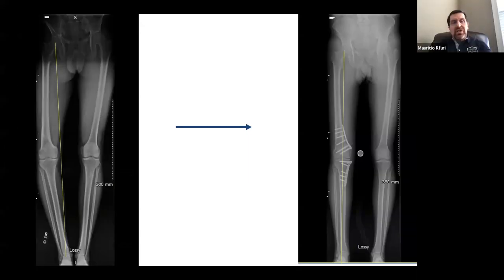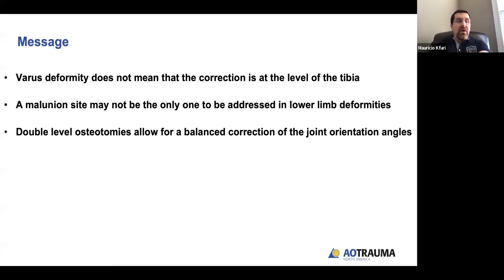Okay, just to summarize the message about this case, I appreciate all your questions. Varus deformity does not mean that the correction is at the level of the tibia, as has been presented multiple times during this course. A malunion site may not be the only one to be addressed in a lower limb deformity. It's not because you have a malunion that this is the only site that you have to correct, especially if this is a 30-year-old deformity.